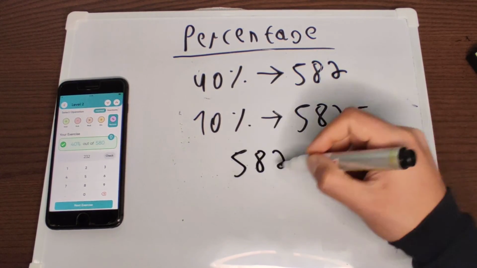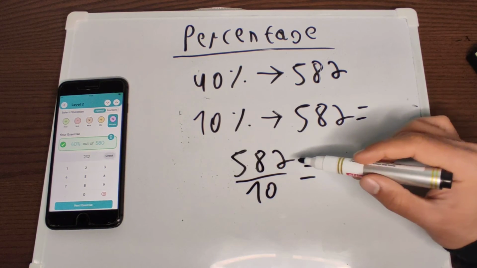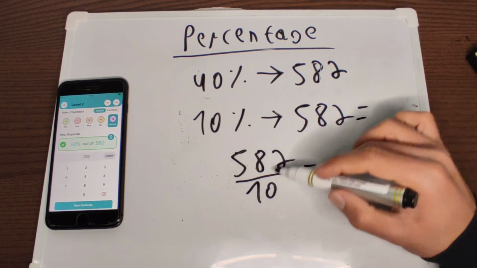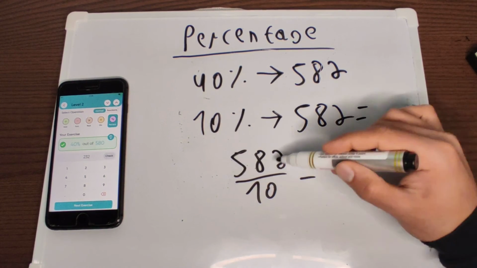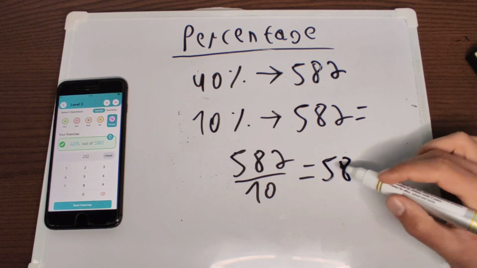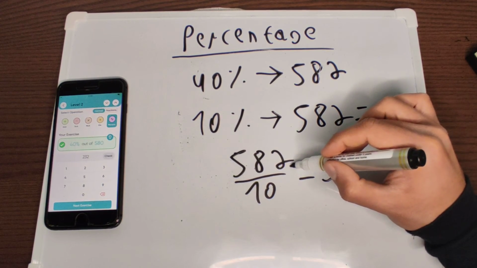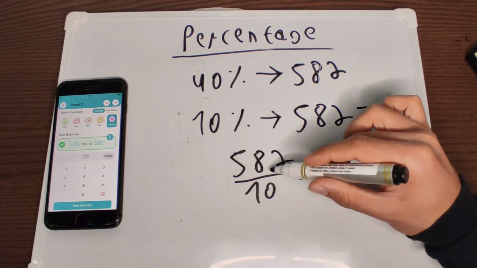So, 582 divided by 10. But the result will be different now. We can't just delete the last digit because there is no 0 digit here. The result will not be just 58. What we need to do is to move the decimal point one place left.